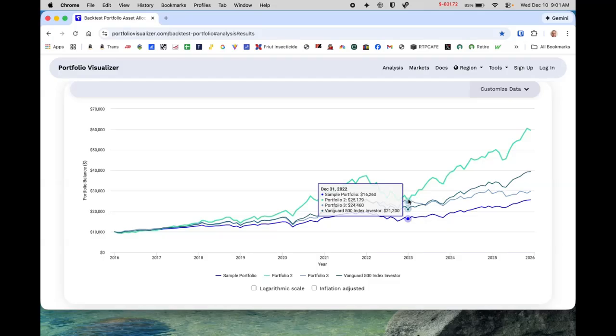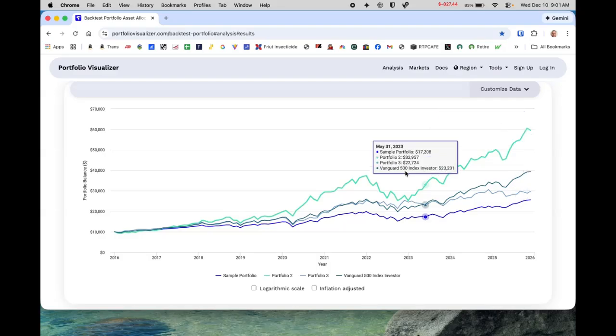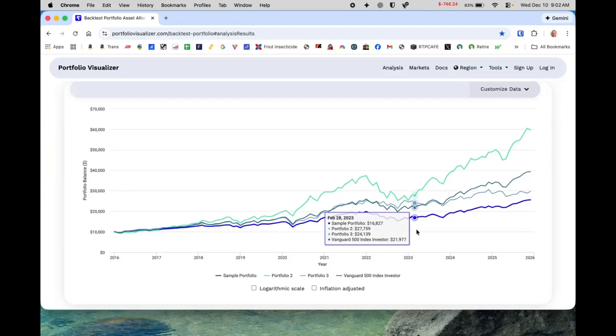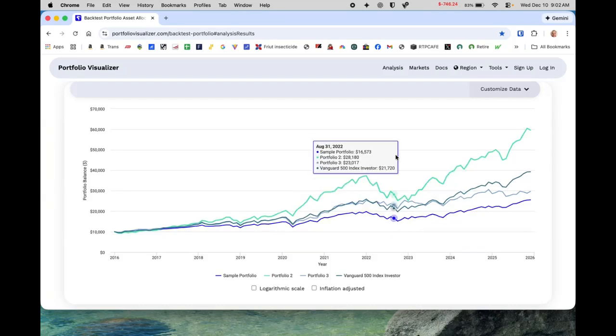So right here, even at the lowest point, my portfolio two is worth 25,000 and it's still ahead of any of the other ones. And then you can see it jump, right? But if I was to invest $10,000 in 2022, obviously this would have taken a big dump. But this is the way I took a look at portfolios that people suggested. I hope this helps.